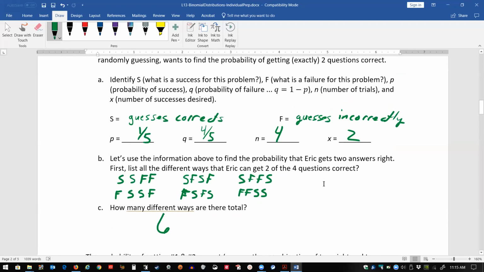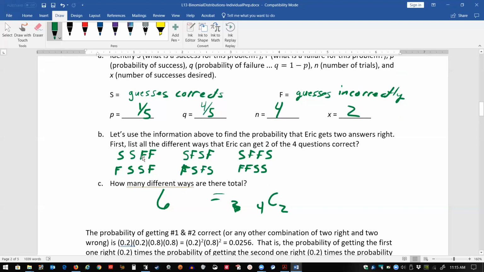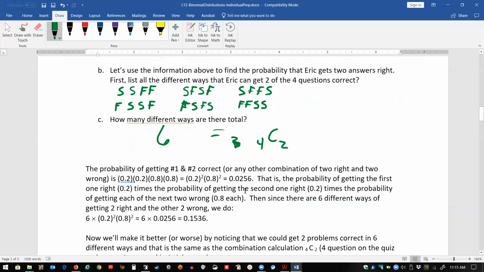So to get the number of total ways that Eric could get 2 questions right, we could do combinations of 4 things, and he's choosing 2 of them. That is equal to 6. That makes sense, right? So that expression will come up a little bit later, so you don't have to make an exhaustive list of all the possible ways that Eric can get that many questions right, okay?